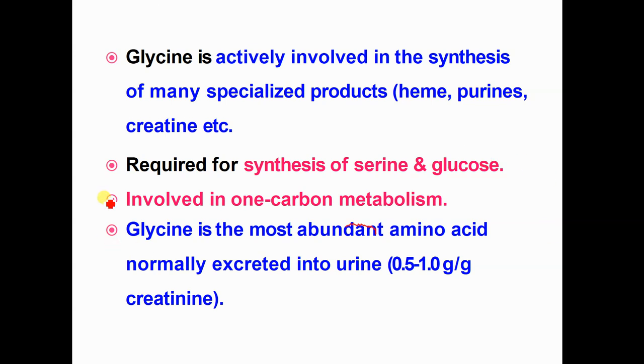It is actively involved in one carbon metabolism, thus it provides the elements required for purine synthesis. Glycine is normally excreted into urine at approximately 0.5 to 1 gram per gram creatinine.